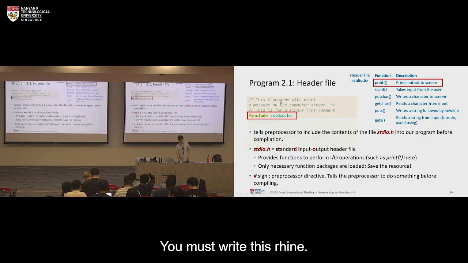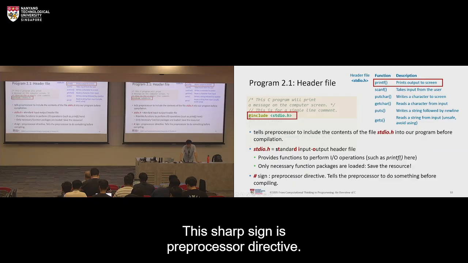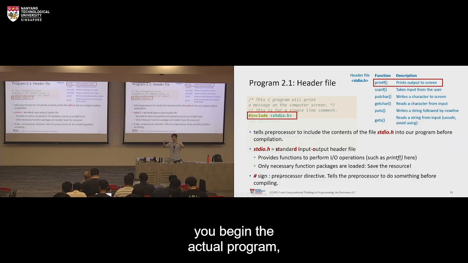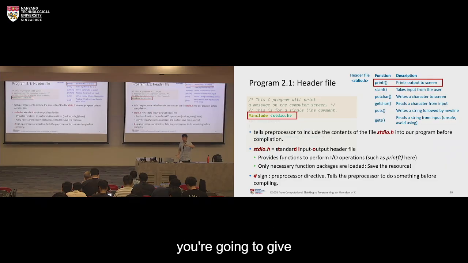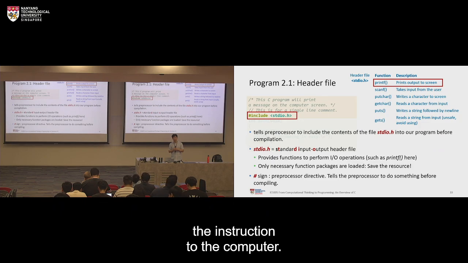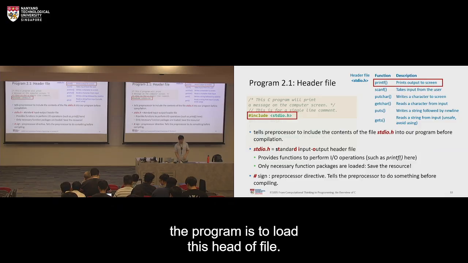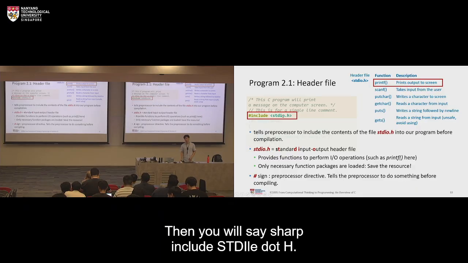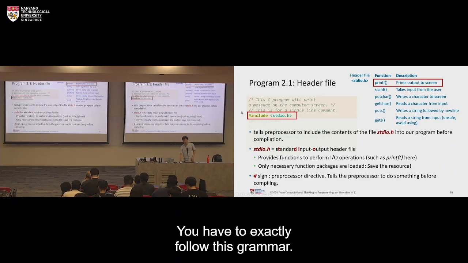You must write this line, #include <stdio.h>. This # sign is a preprocessor directive. Preprocessor directive means that before you begin the actual program, you give an instruction to the computer. So the first instruction before you run the program is to load this header file. Then you say #include <stdio.h>. You have to follow this grammar exactly.